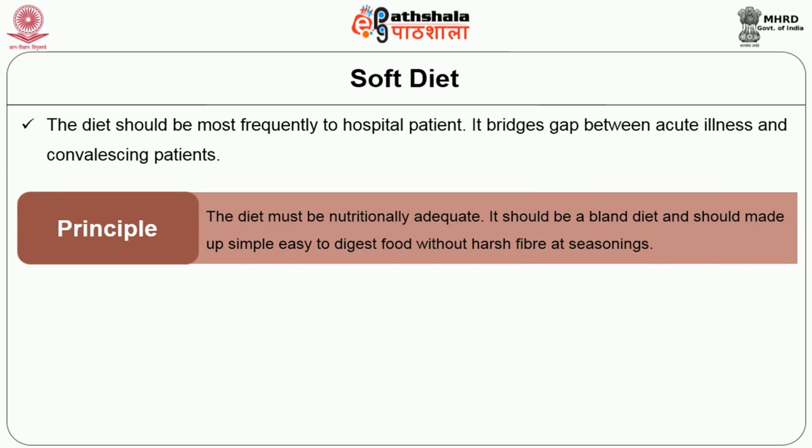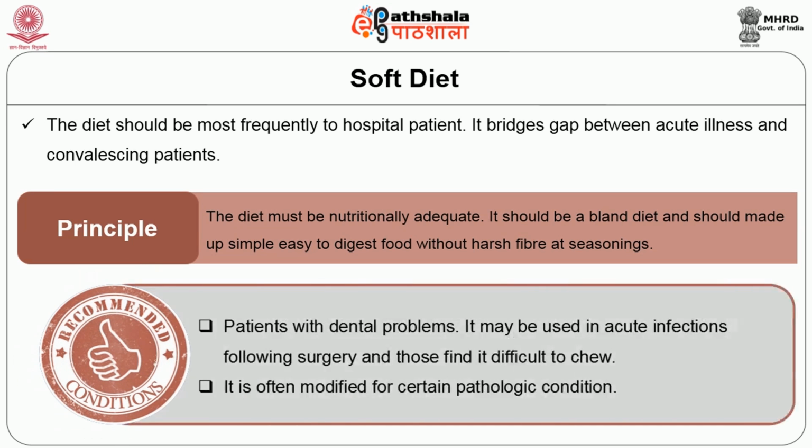It should be a bland diet, easily made up and simple to digest. Foods with harsh fibers and seasonings are usually avoided. Patients with dental problems, persons with acute infections, persons following surgery, and those who find it difficult to chew foods are often recommended this soft diet.